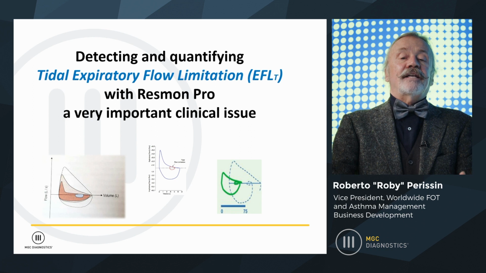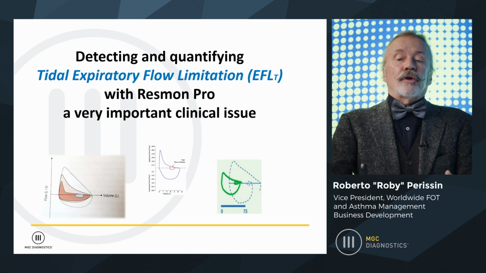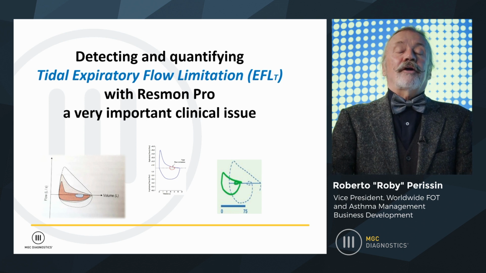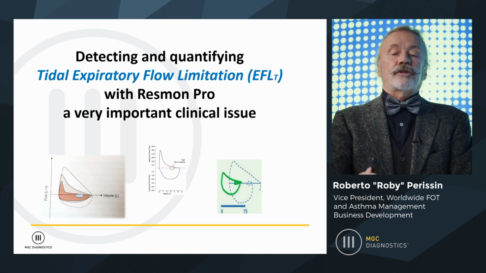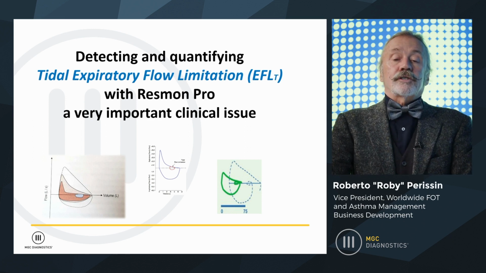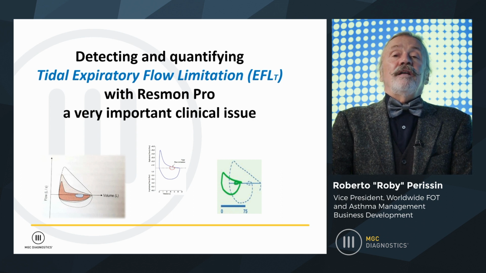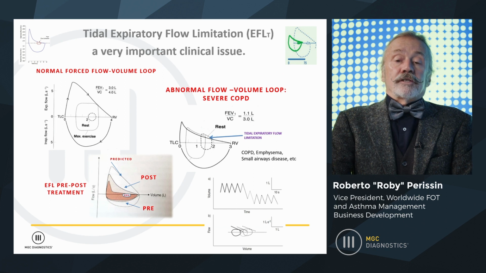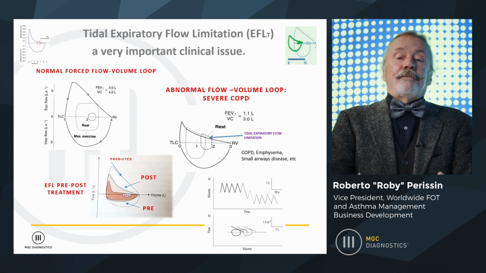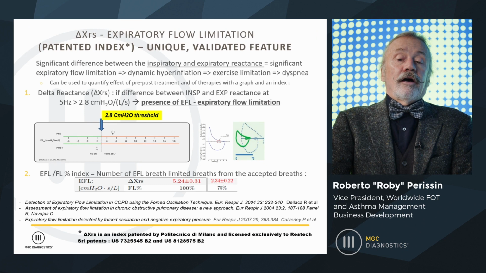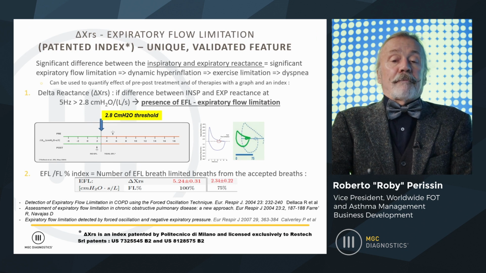That way we can detect and quantify tidal expiratory flow limitation, which is when your patient, if it could do a spirometry, the tidal breathing loop would touch the expiratory limb of the forced loop, and that would cause inevitably, very often, a phenomenon of hyperinflation or changing lung volumes. So, as you can see from this slide, the bottom right, this is what happens in hyperinflation, the patient increases its functional residual capacity.